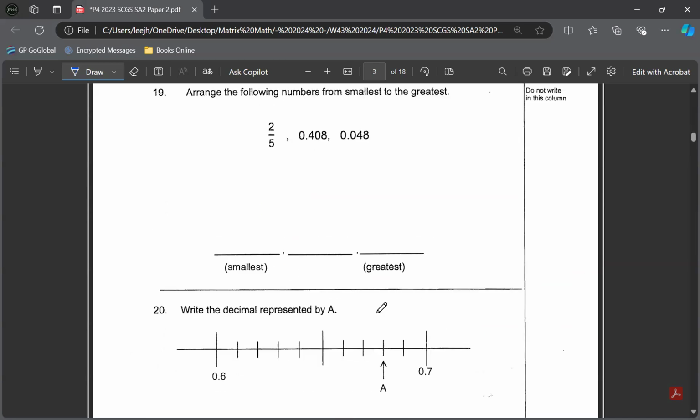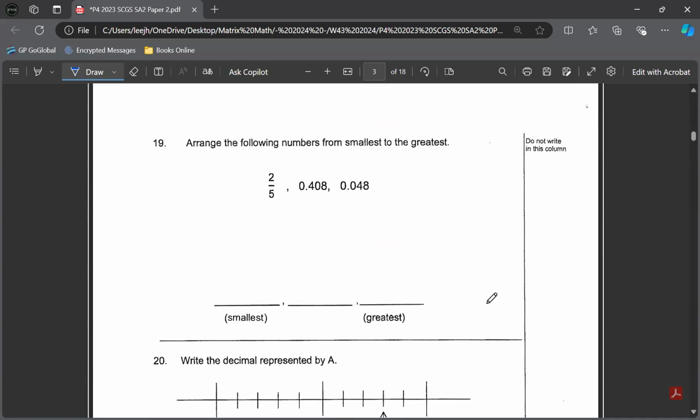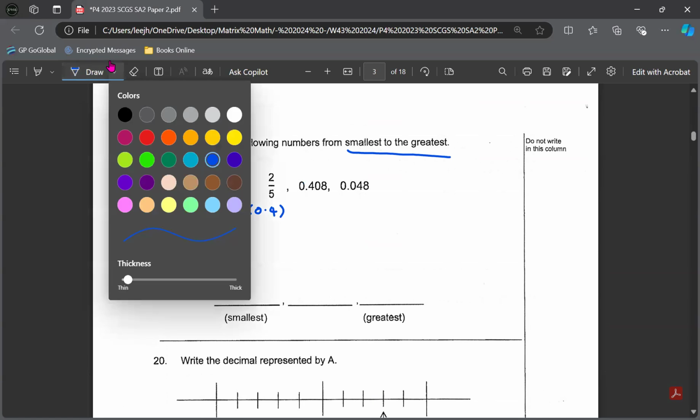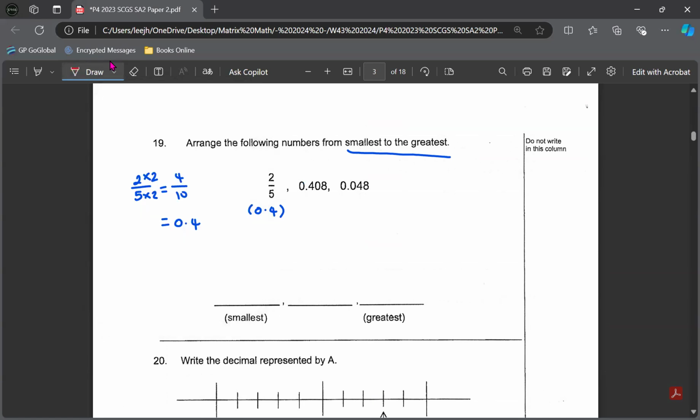Okay. Question 19. Arrange the following numbers from the smallest to the greatest. So this is a fraction and this is decimal. So change 2/5 to a decimal. You times 2. 4 over 10, which means it's actually 0.4. But if you want to compare, actually, I told you before, this is 3 decimal place, 3 decimal place. Convert this to 3 decimal place, 0.400.